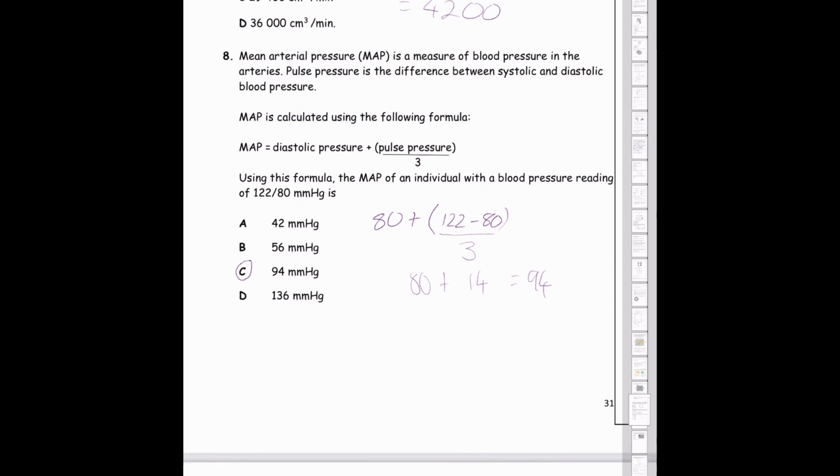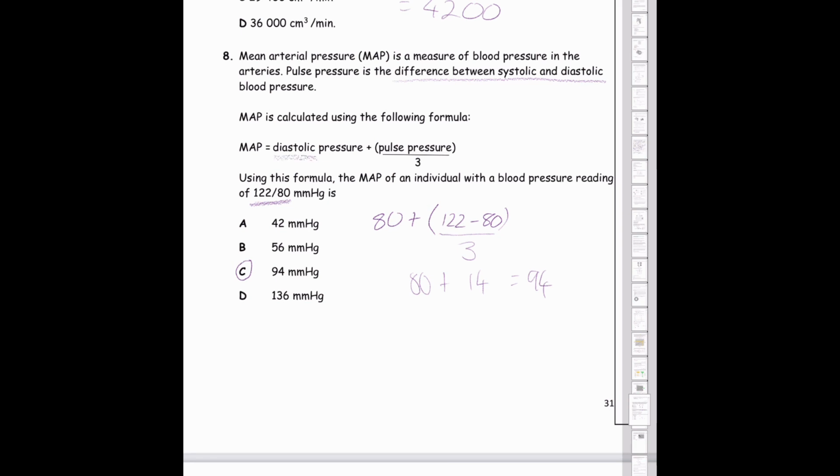Number 8, mean arterial pressure is a measure of the blood pressure in the arteries. Pulse pressure is the difference between systolic and diastolic blood pressure. We can calculate MAP using the following formula: diastolic blood pressure plus pulse pressure divided by 3. So, if somebody has a blood pressure of 122/80, what is their mean arterial pressure?